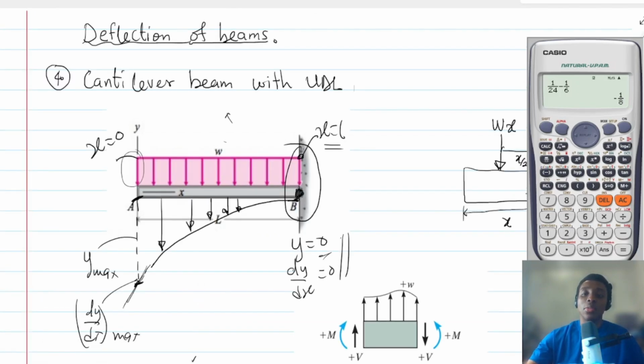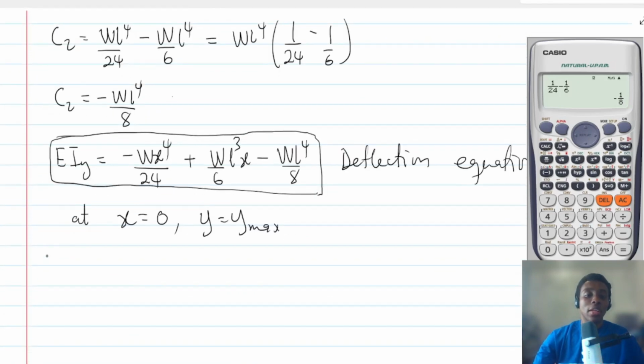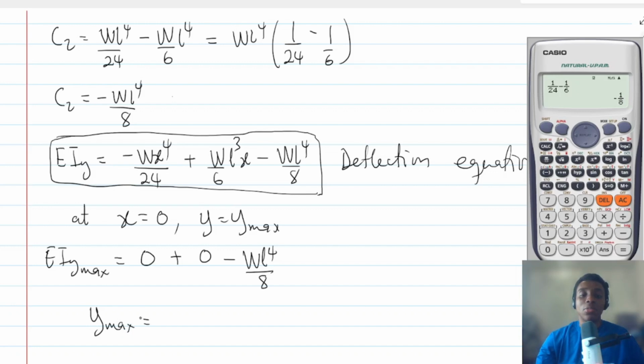So EI Y max is 0 plus 0 minus WL to the power 4 over 8, because everything else will be 0. Meaning that for a cantilever beam with a uniformly distributed load, the maximum deflection is minus WL to the power 4 over 8 EI. That is the maximum deflection for a cantilever beam.